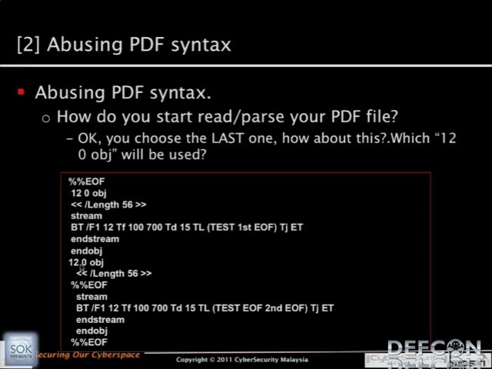So if you start from here, which data is now represented by object 12? Because, for example, the first object 12 here has data that says test first EOF, and the second one says test second EOF. I will show you a demo about this later on. And then another one here.